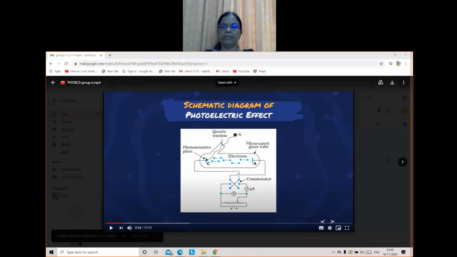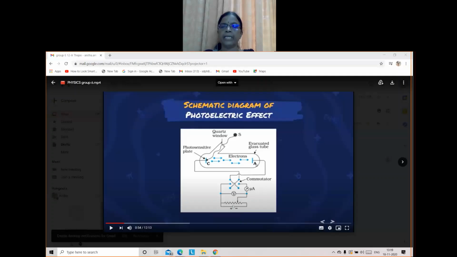That must be suitable to that particular metal. Those electrons are called photoelectrons, and the movement of electrons is current. That is photoelectric current. It moves to this plate, but why do they move to this plate?